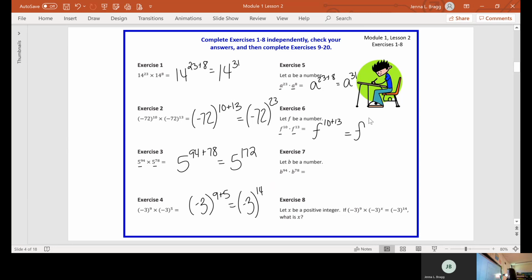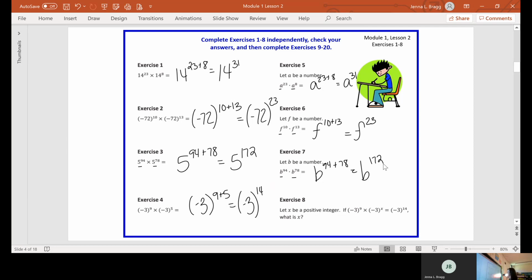Your answer is F to the 23rd power. Exercise 7. Both of your bases are B. You'll add 94 plus 78 and get a final result of B to the 172nd power.